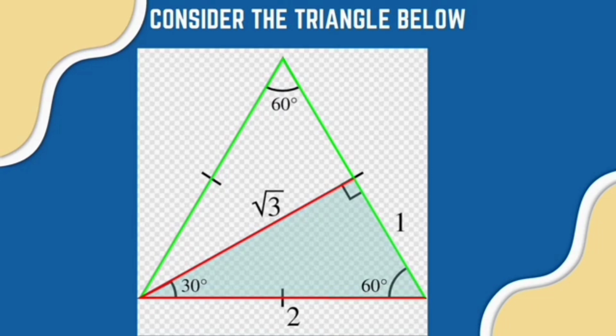Here, let us consider an equilateral triangle with sides of 2 units in length and each of the angles being 60 degrees. If you split this equilateral triangle into 2 halves through the 60 degrees, you are going to have a right-angled triangle having the angles 60 degrees, 90 degrees and 30 degrees.